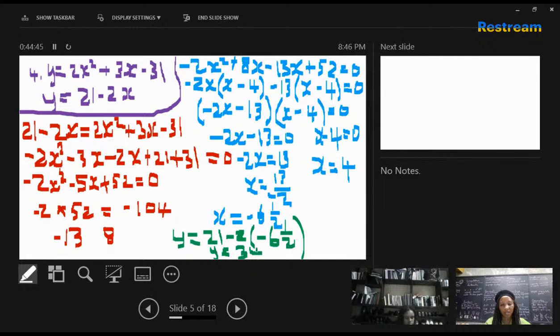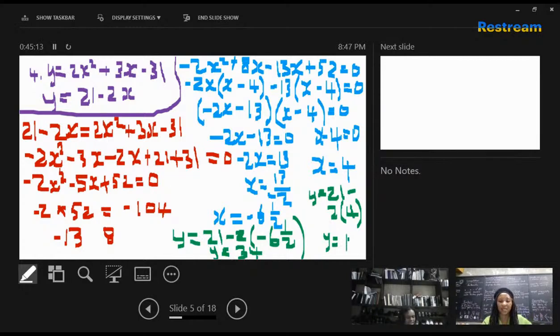And now when x is 4, y is equal to 21 minus 2 times 4. So 21 minus 8, and that is 13.